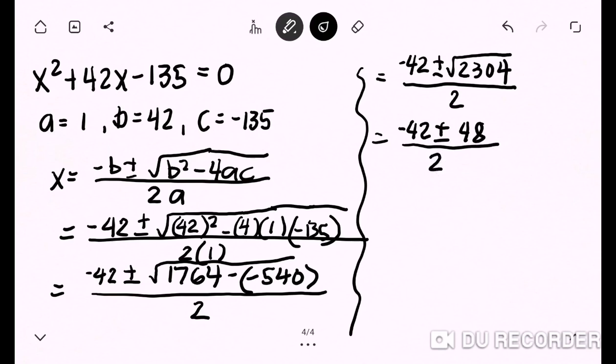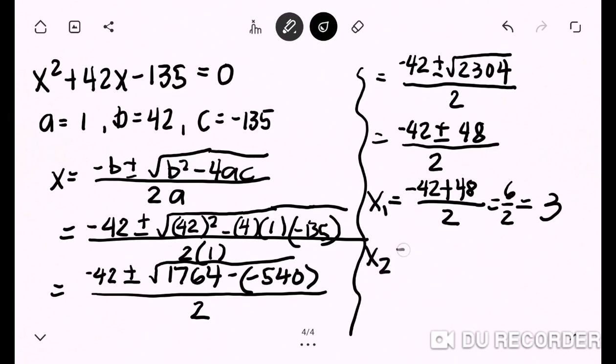So we can now solve for the roots of the equation. So we have negative 42 plus 48 over 2. So negative 42 plus 48, 6 over 2. 6 divided by 2 is positive 3.